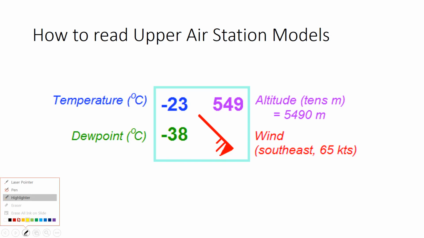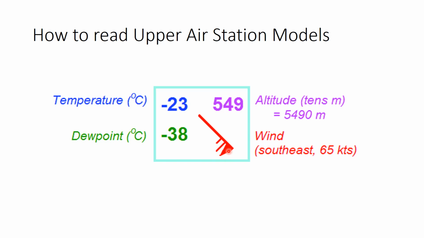Actually, let me pull up my laser pointer. This pennant right here actually represents 50 knots. And so adding these up, you have 5, 15, and then this is worth 50, so that's 65 knots.